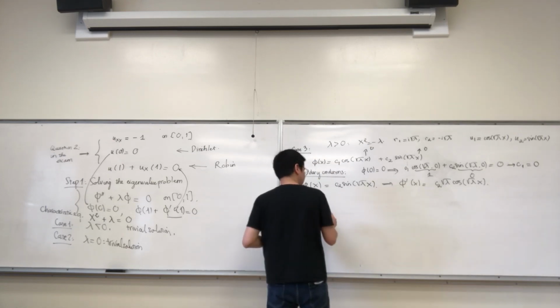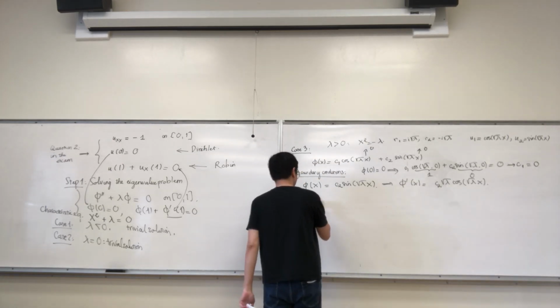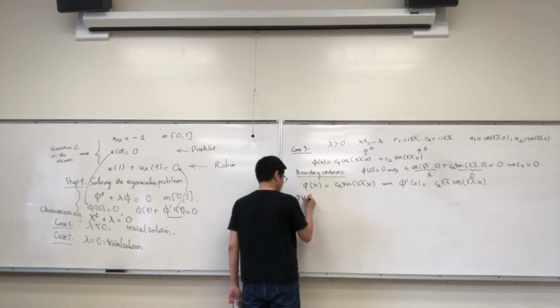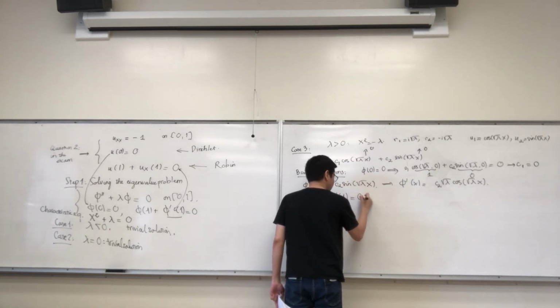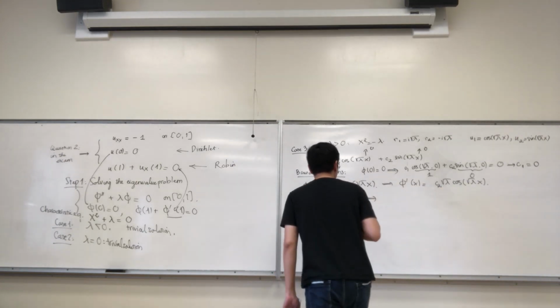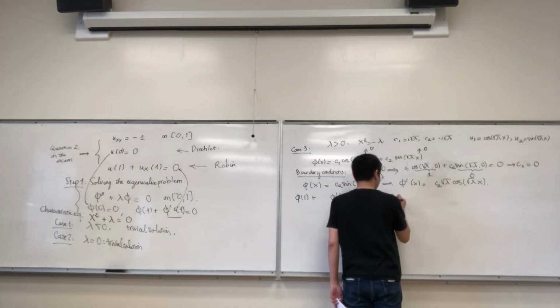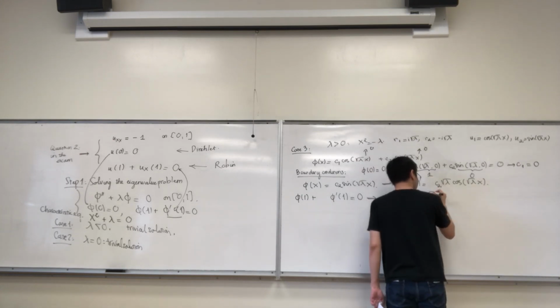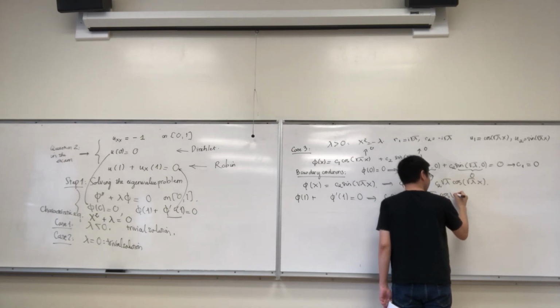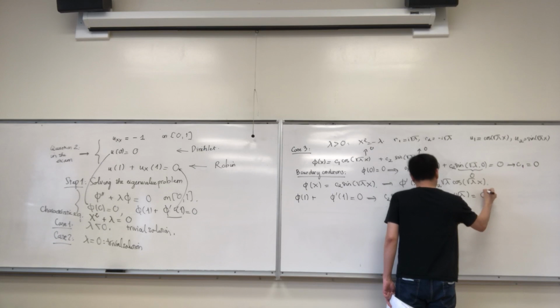All right. So now I'm going to plug in 1, right? So you have phi(1) plus phi prime(1) is 0, which means that C2 sin of square root of lambda plus square root of lambda C2 cos of square root of lambda is 0.